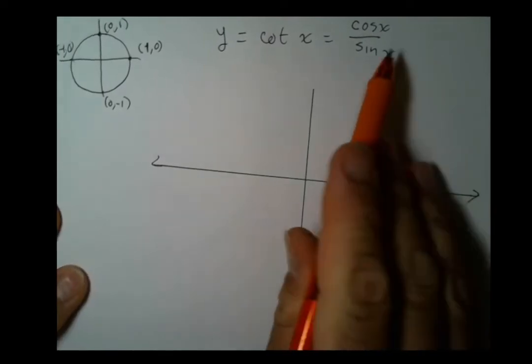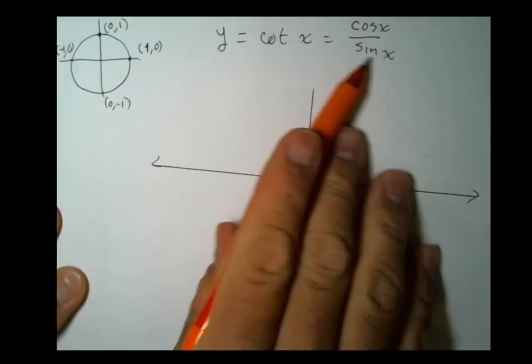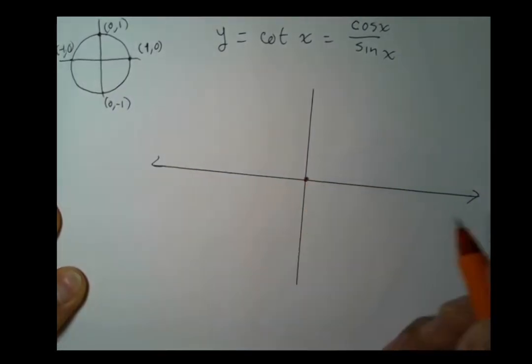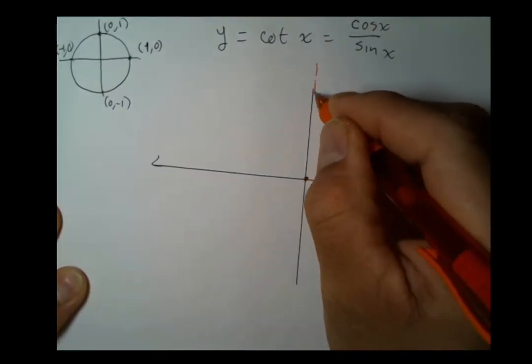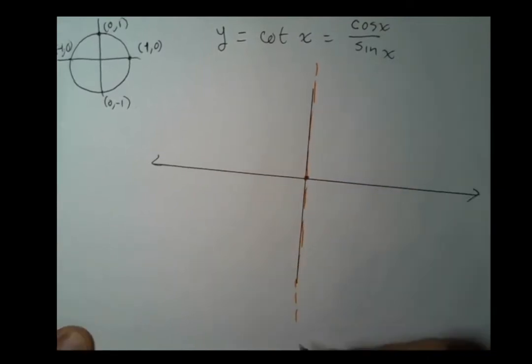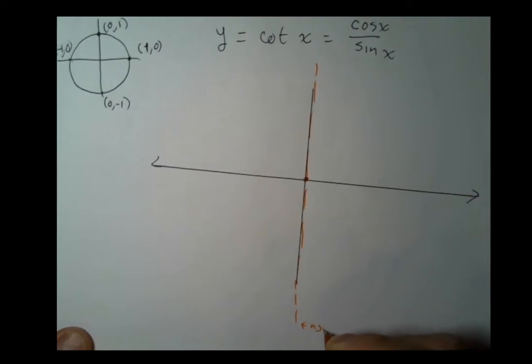We see right away that happens at our first point, 1, 0, so that means this is an asymptote. x equals 0 is our asymptote.